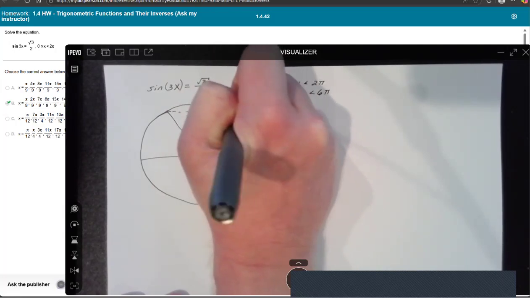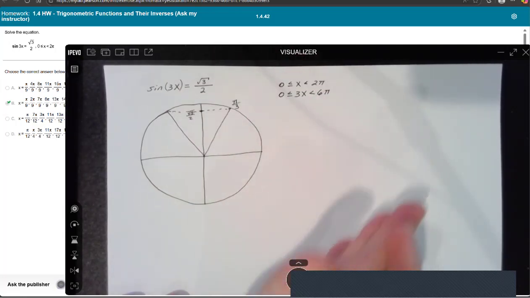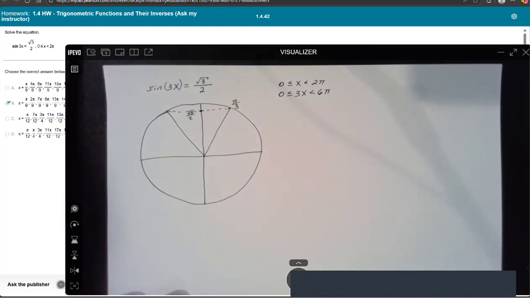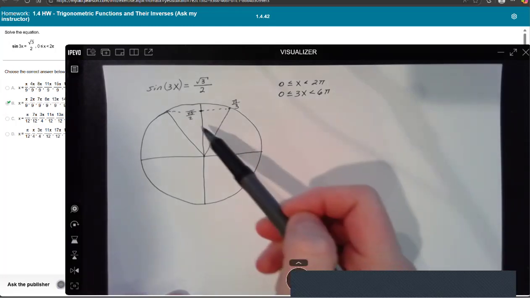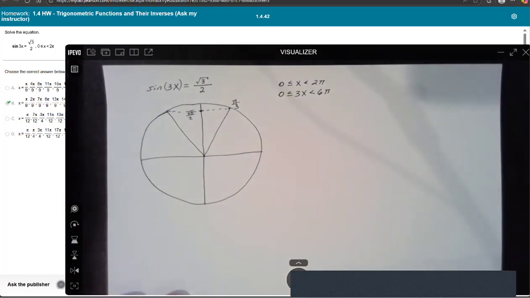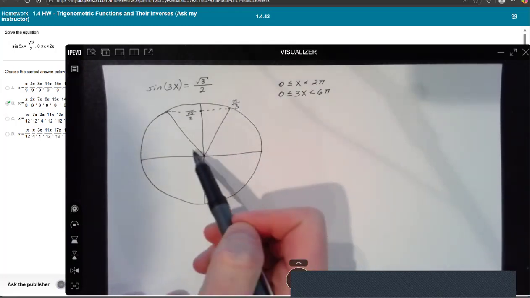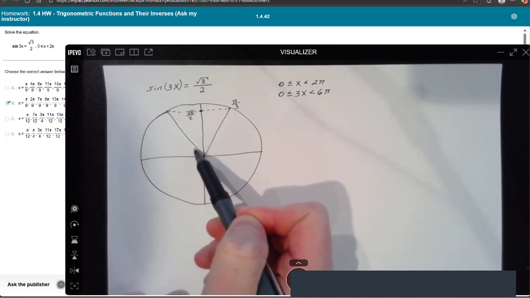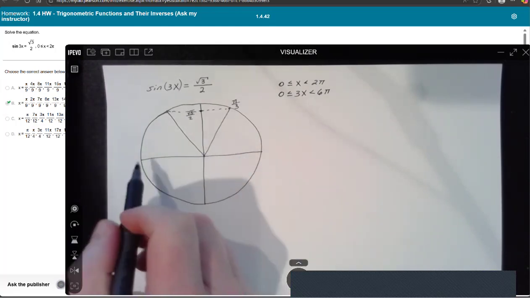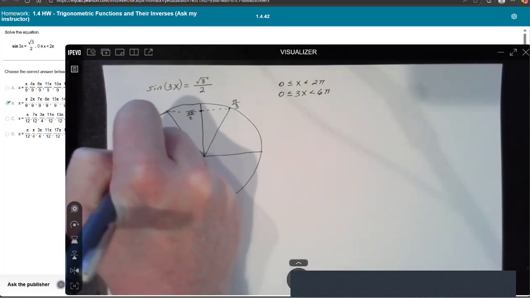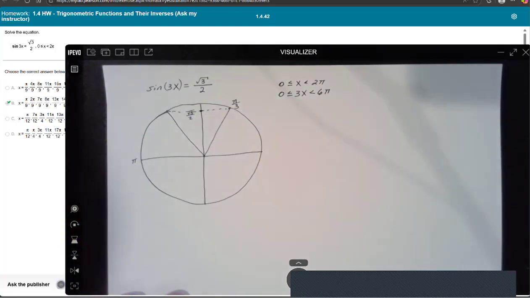Anytime that the angle is pi over 3, the sine function is going to be far away from the origin. In this case, a 60-degree angle or pi over 3 radians. Now, because of that, I know this angle over here has to be pi over 3 as well. And we know that this would be pi, which is the same thing as 3 pi over 3.